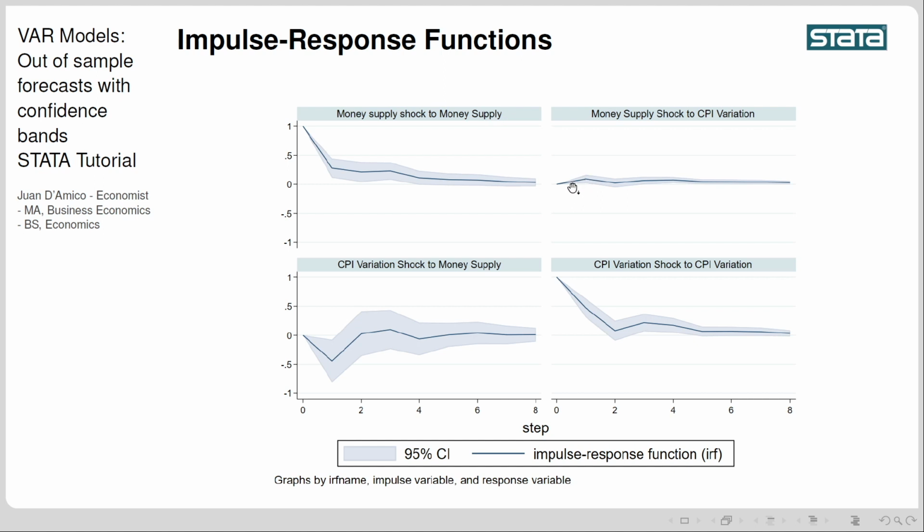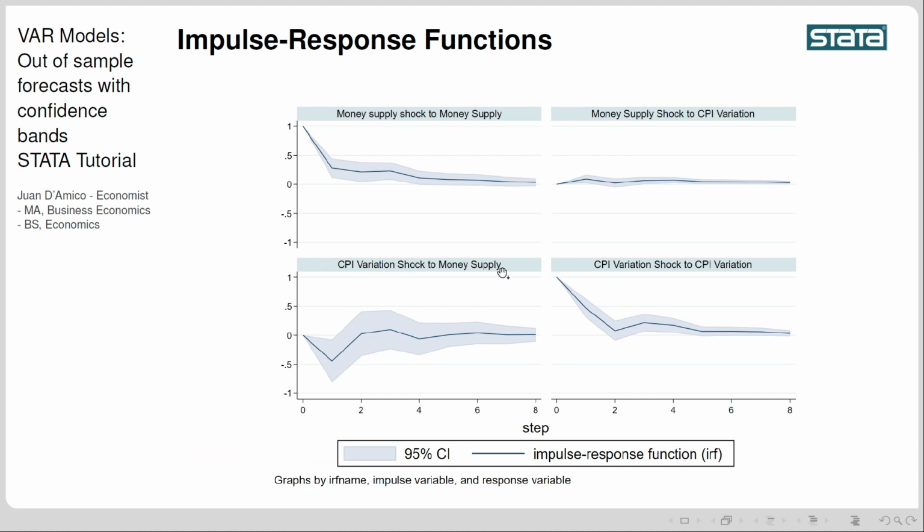It's a positive effect, but it's slight, and it only lasts around 4 quarters. We see that the peak is around the first quarter, and then it's going to vanish after the fourth quarter.